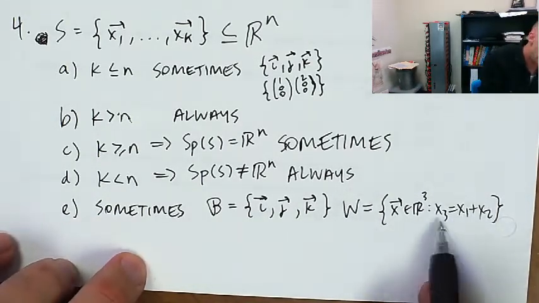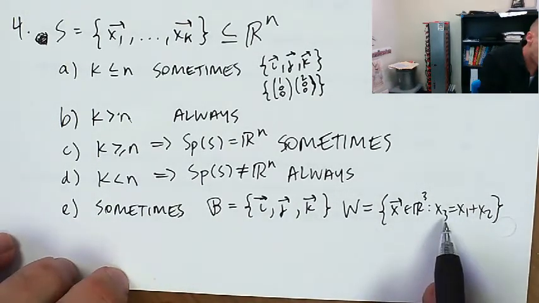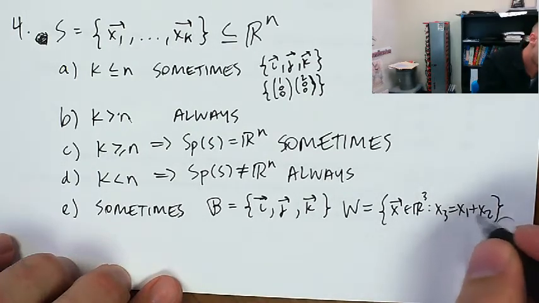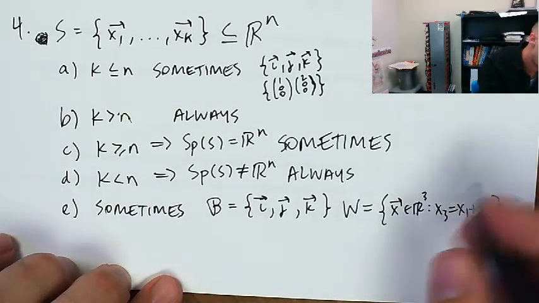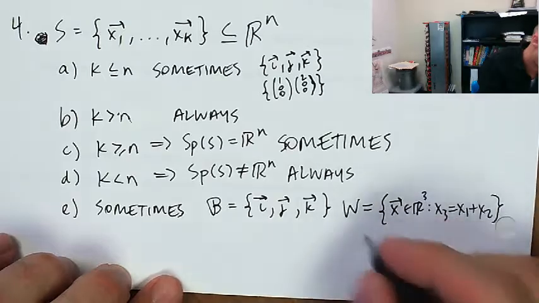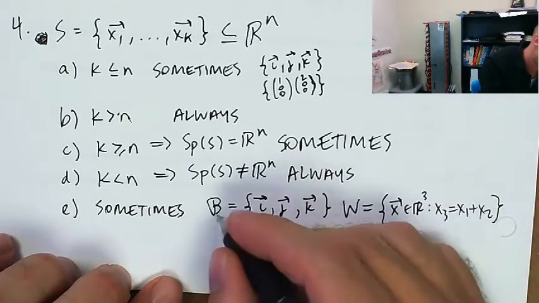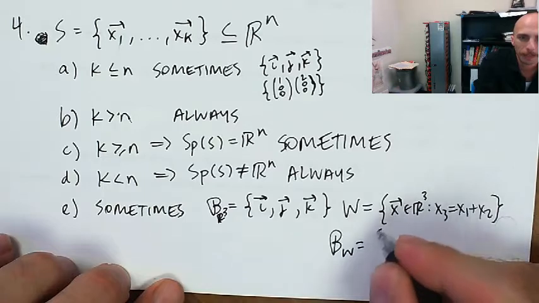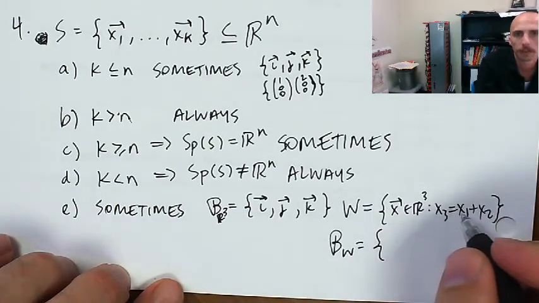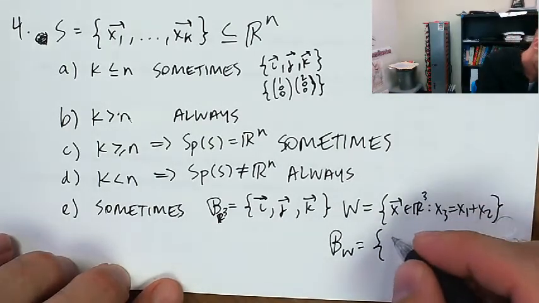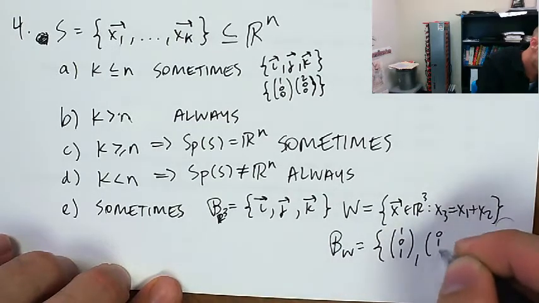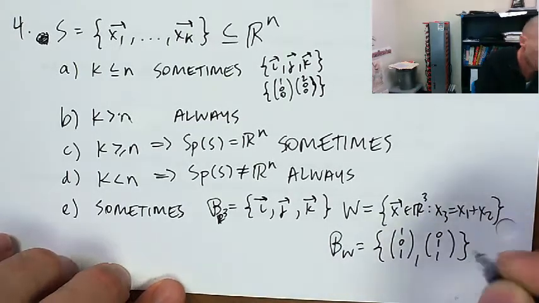So if that's the case, then a basis would be, well, x1 and x2 are free to be whatever they want, and x3 is equal to the sum of them. So I have my basis for W and basis for R3. For W, x3 is x1 plus x2, so 1, 0, 1 for x1 and 0, 1, 1 for x2.